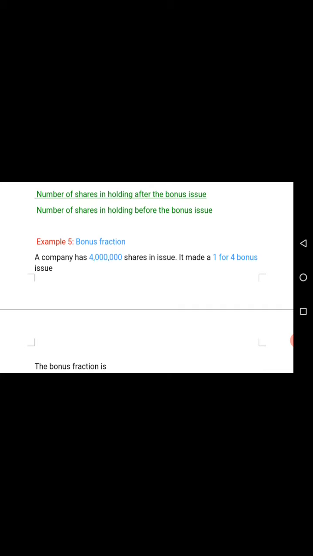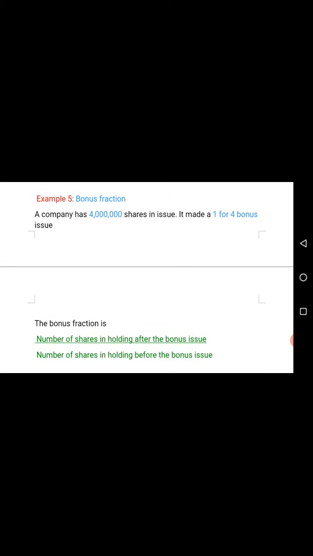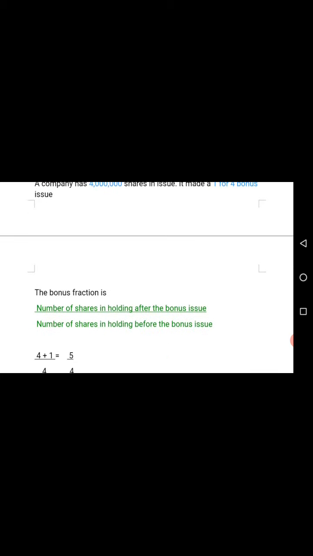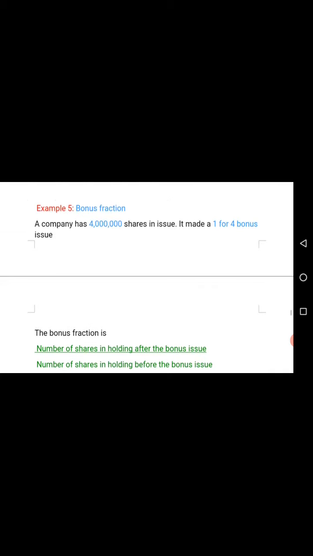It's like a promo. So we would say the bonus fraction, as we said, the same formula comes down here. Number of shares in holding after the bonus issue over number of shares in holding before. So before the bonus issue, I had 4 shares. Now they give me 1 share. My total becomes 5 shares as at current.